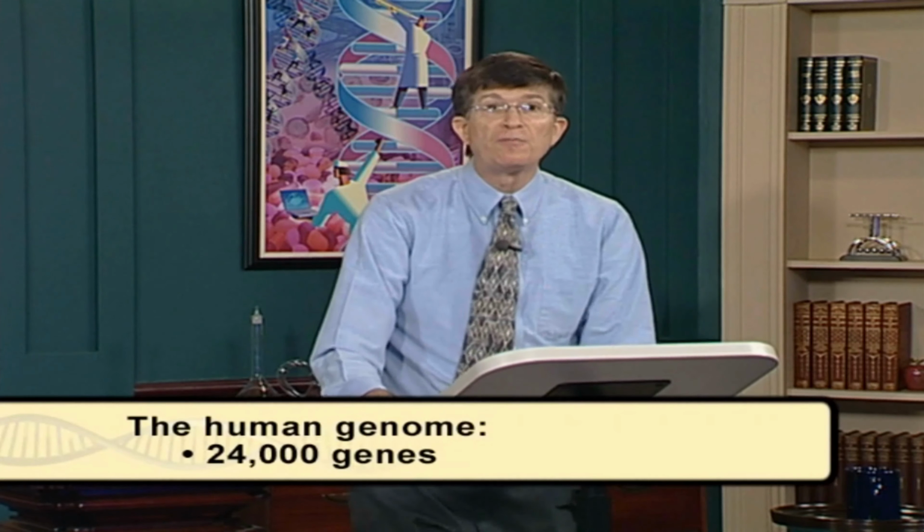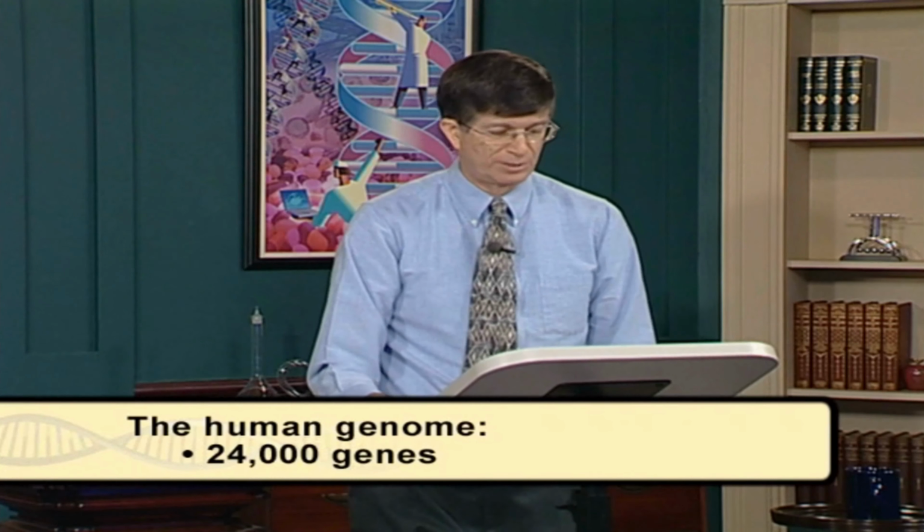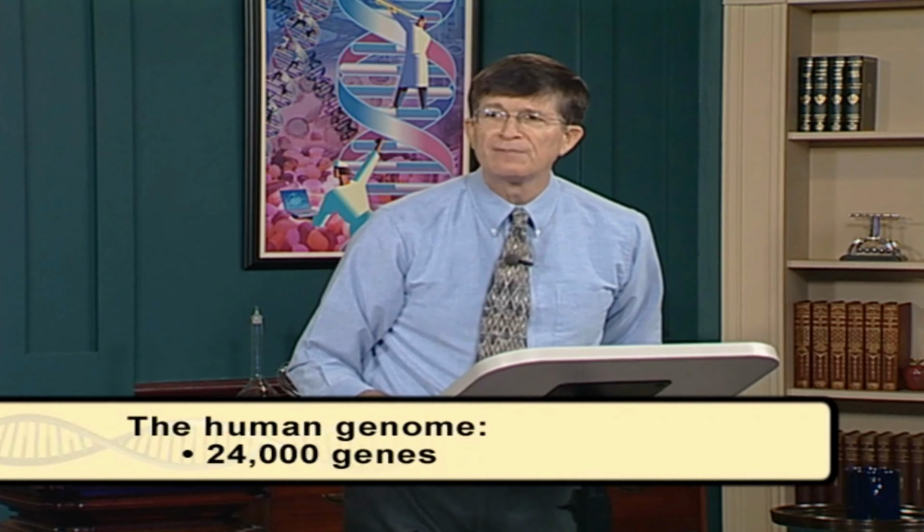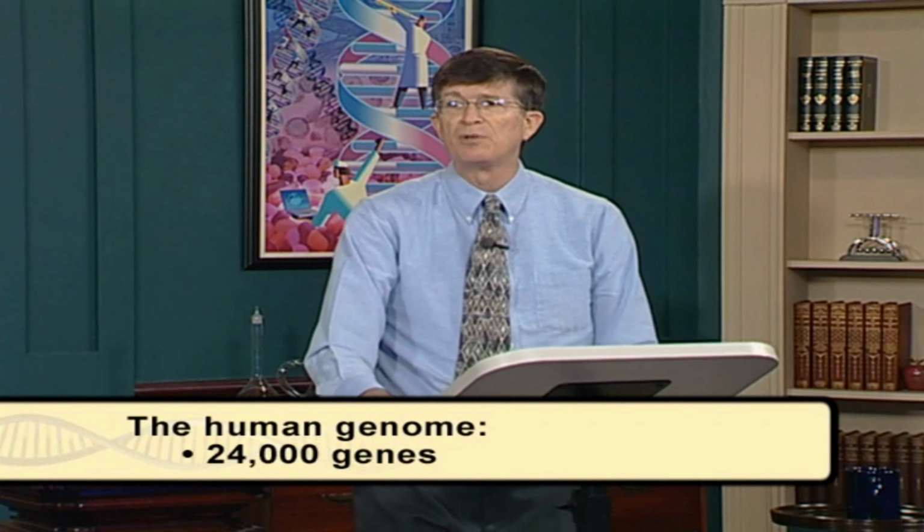There are 24,000 genes in a human. I just told you rice has 35,000 genes. Humans have 24,000 genes. I consider that a major affront. I think I'm more complicated than a rice plant. How come I have so few genes? We'll talk about that problem in a moment.